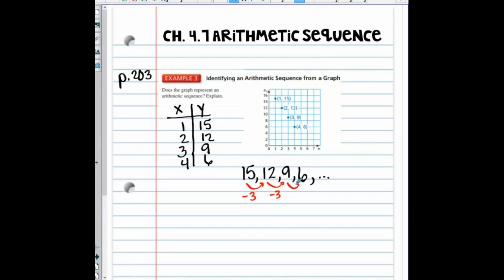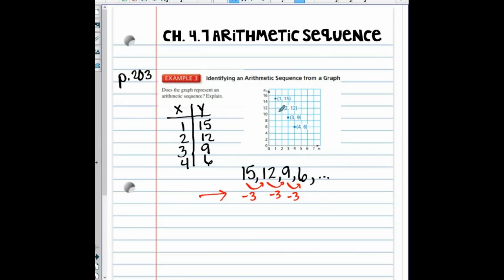And then from 9 to 6, is it the same common difference? Yes. So the question is it an arithmetic sequence? The answer is yes, because they have the same common difference, okay? So that's how you can check if it is an arithmetic sequence or not.